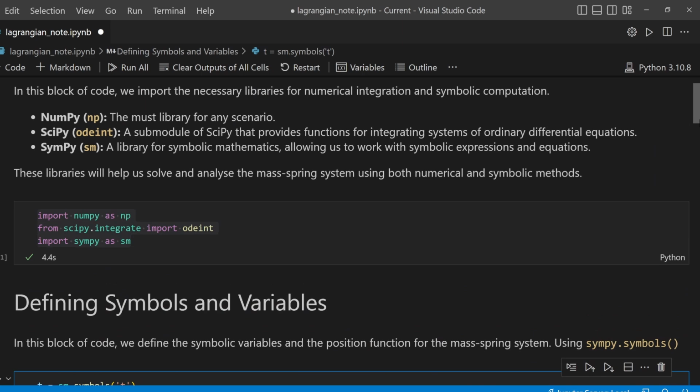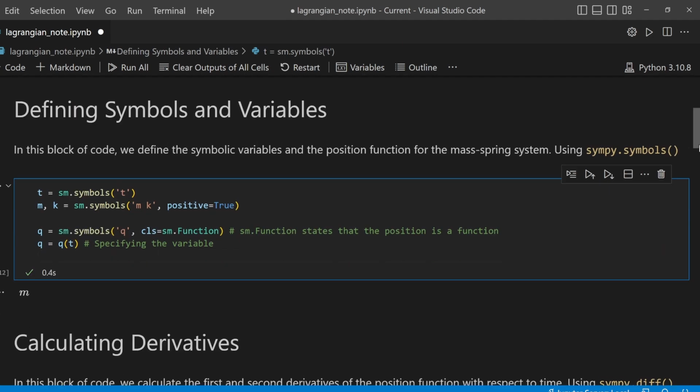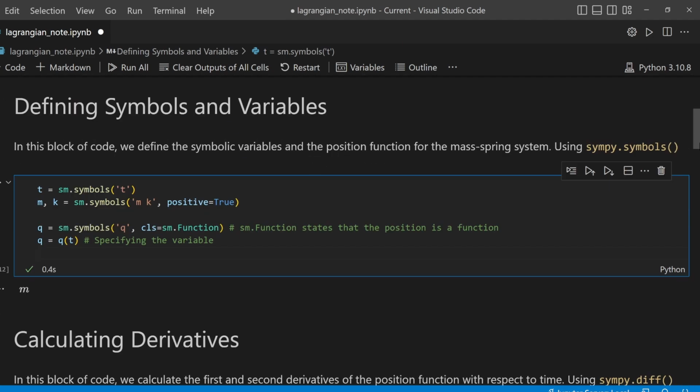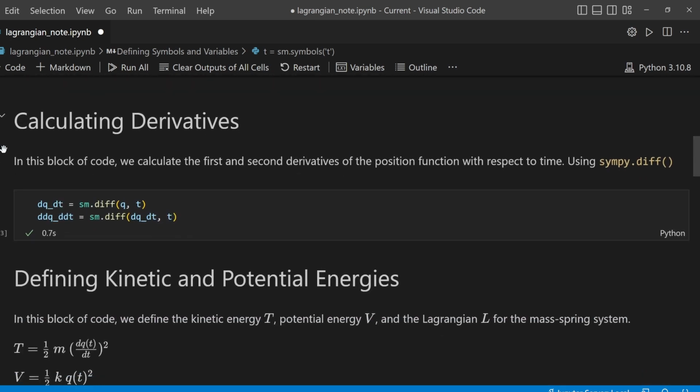Now remember, the first step was importing the libraries, the second step was defining the symbols and variables, and the third step will be to calculate our derivatives. To do so, it's very easy with SymPy. You do sm.diff, you mention q with respect to t.